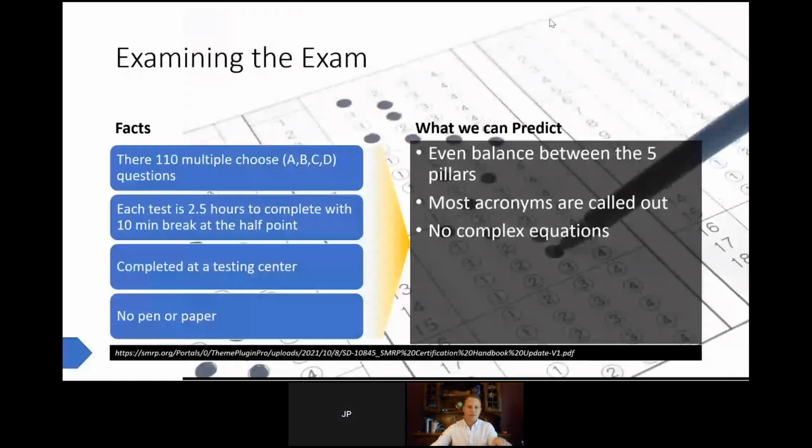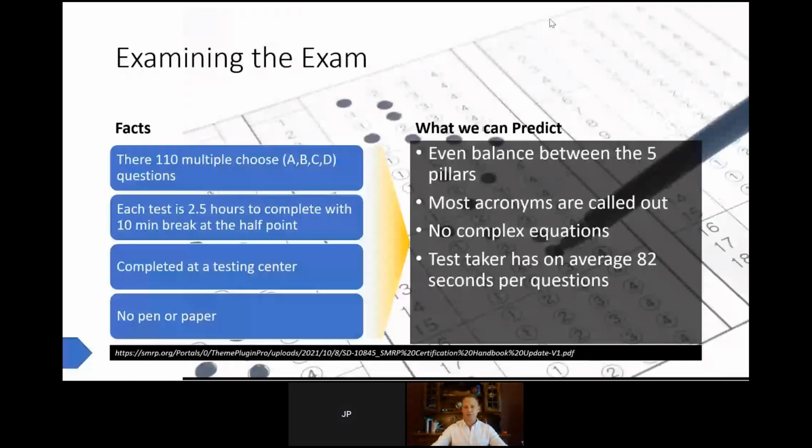They said there's no pen and paper, which also means you're not going to be expected to do long formats of equations. You're given a calculator on the computer, but if you're like me, I have to jot it down if there are multiple steps. So I wouldn't expect large equations to be a part of the exam questions.